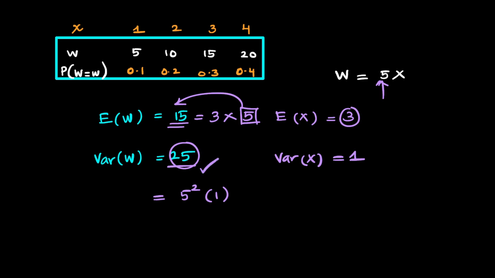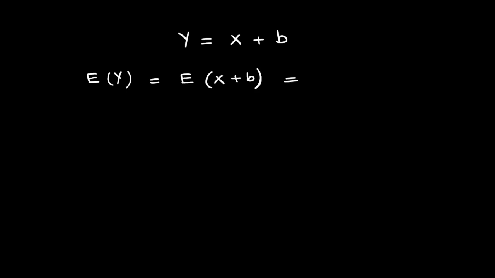So let's summarize what we have studied. If I say y equals x plus a constant b, expectation of y, which is expectation of x plus b, is expectation of x plus that constant.